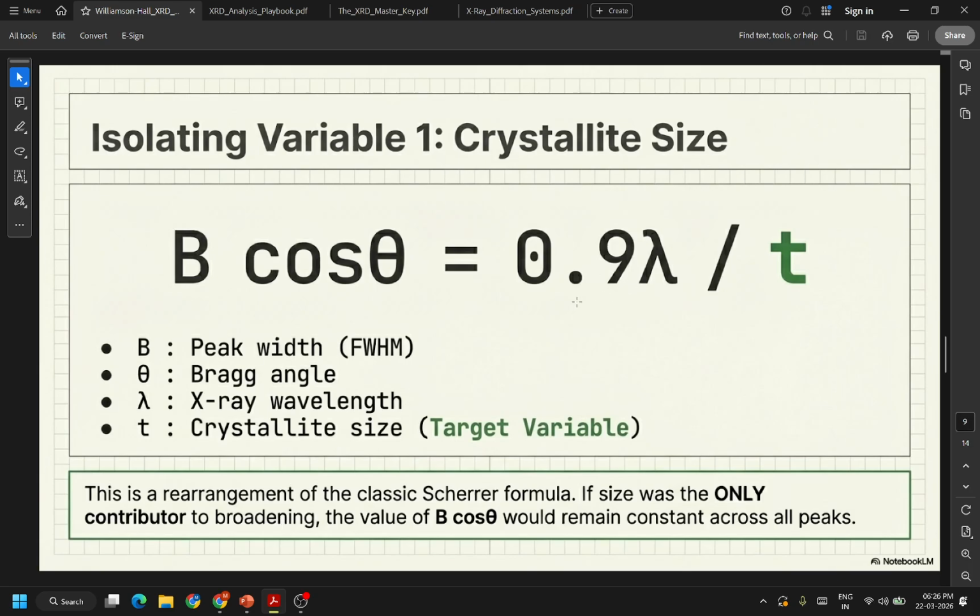Then this particular term will be constant. So the value of B cos theta should remain constant across all peaks. So if you calculate B cos theta for all peaks, and if it is the same, you would know that size is the only contributor to broadening, and then you can use this formula to get your T, and that will be your correct answer.